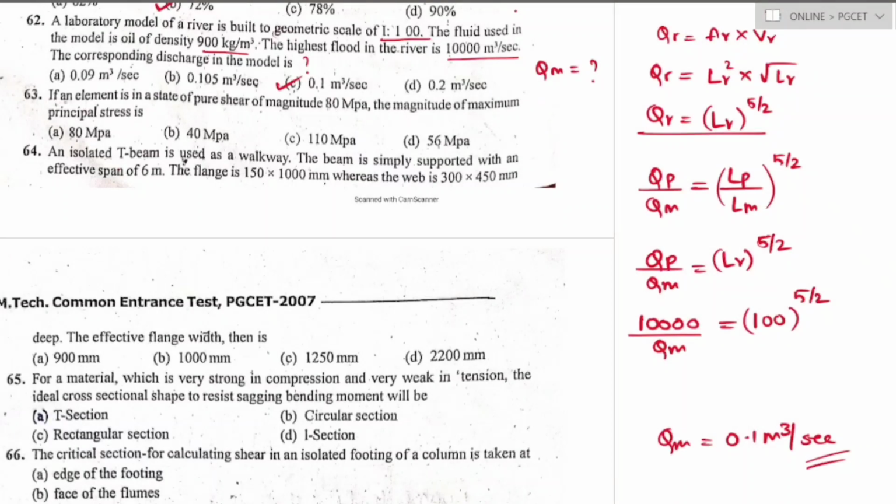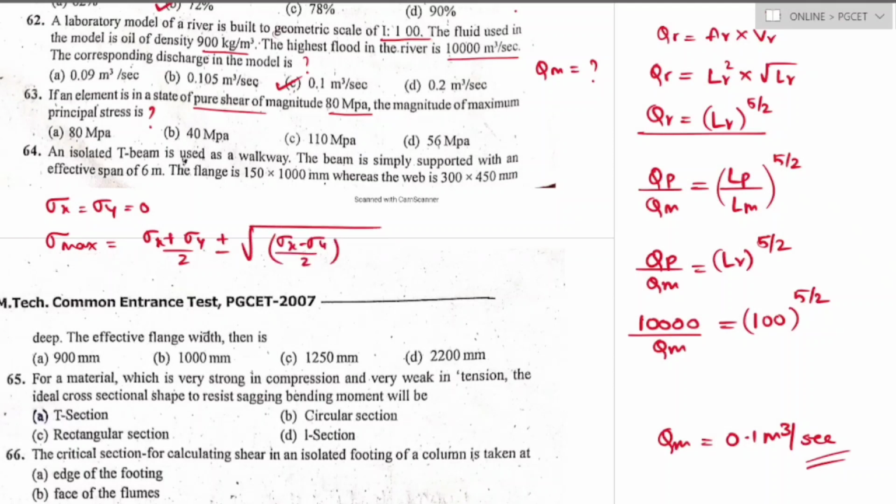Question number 63. If an element is in a state of pure shear of magnitude 80 MPa, then the magnitude of the maximum principal stress is. Since the element is in a state of pure shear, sigma x equal to sigma y is equal to 0. So, for determining the maximum principal stress, in the given formula, sigma x minus sigma y by 2 whole square plus tau xy square.